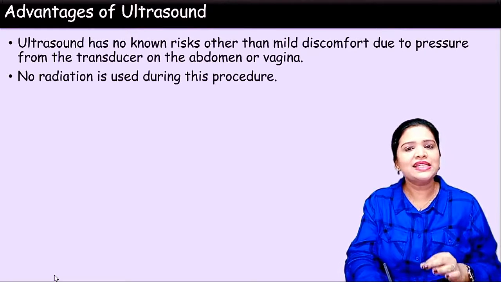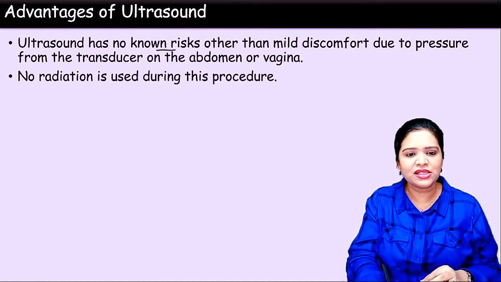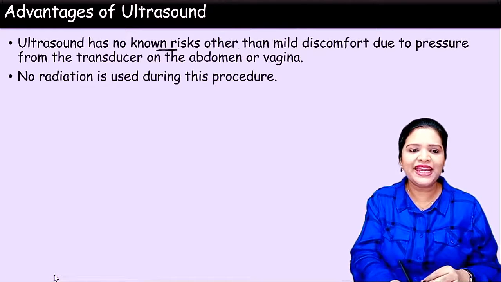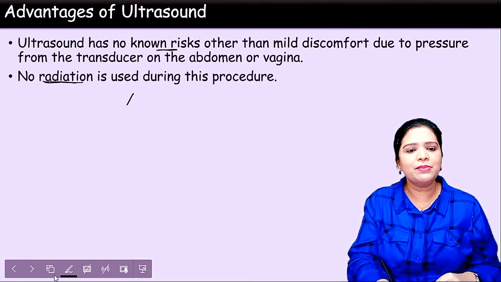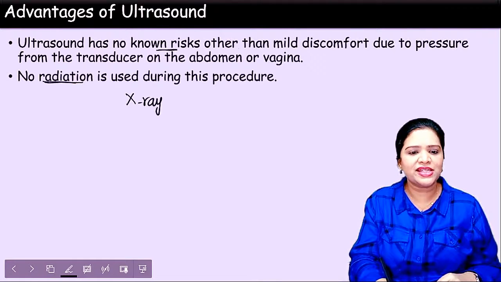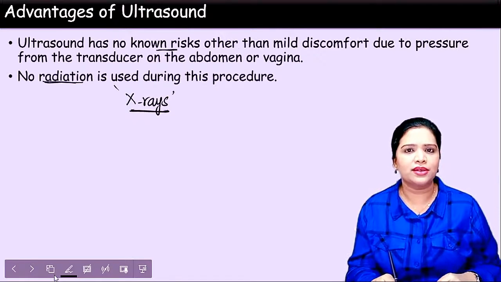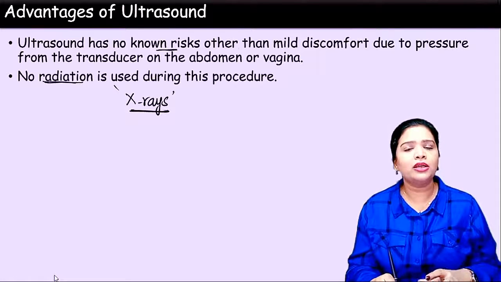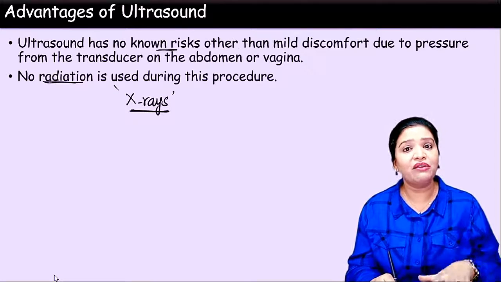So what are the advantages of this ultrasound scanning? It does not have any risk because we are not using any radiation here. For example, X-rays are high radiation. That's why in the X-ray rooms, pregnant women are not allowed, because these X-ray radiations affect the fetus.